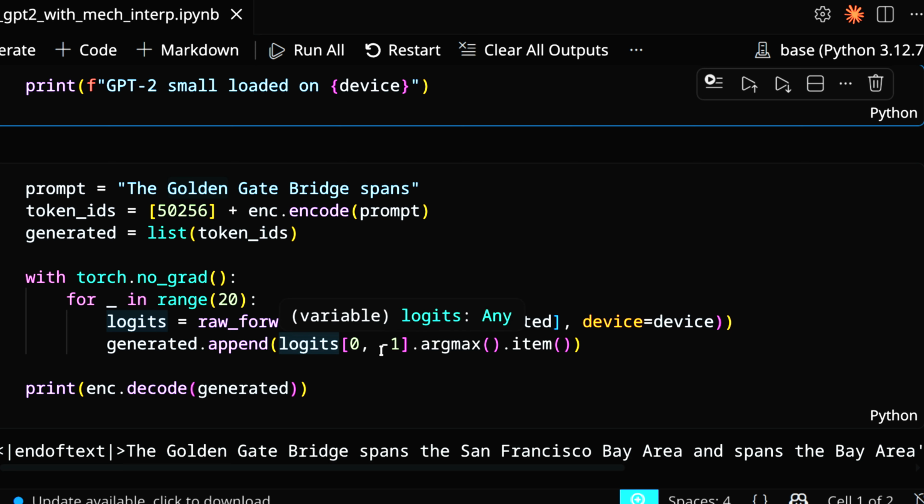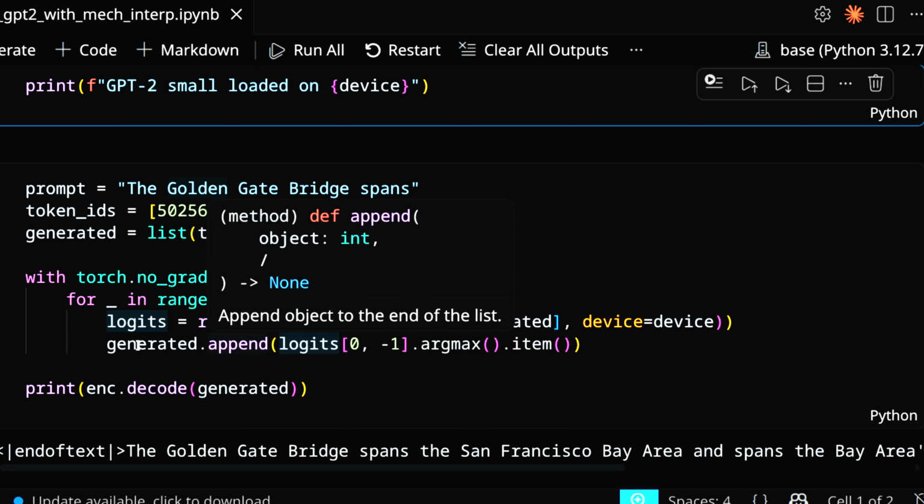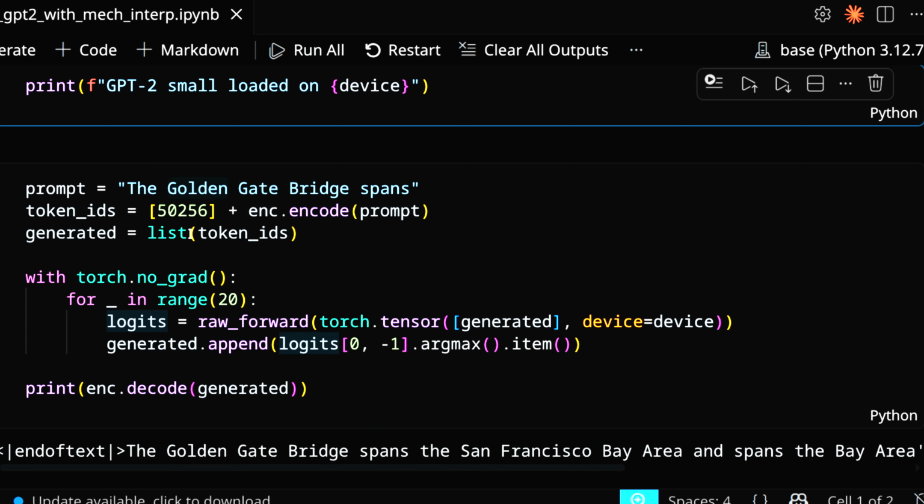In this case, you don't have to have softmax, because the highest value in the logits would also be the highest value in softmax. So this just finds the highest value in this vector of the 50-something thousand floats, finds what location it is, and then appends that to the generated list.